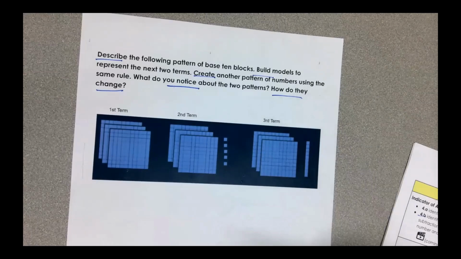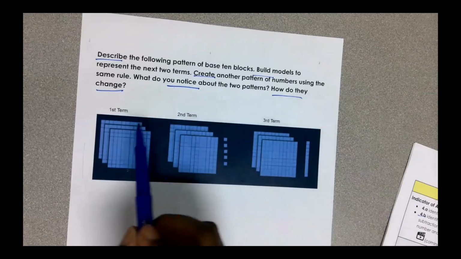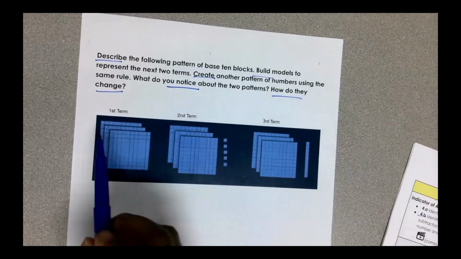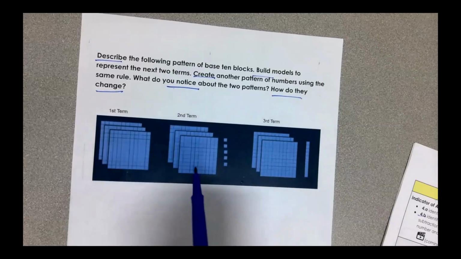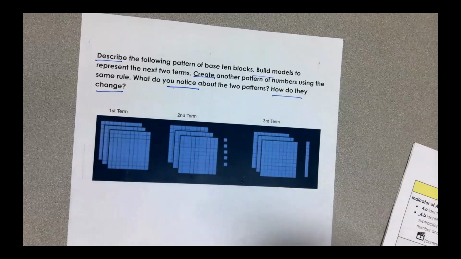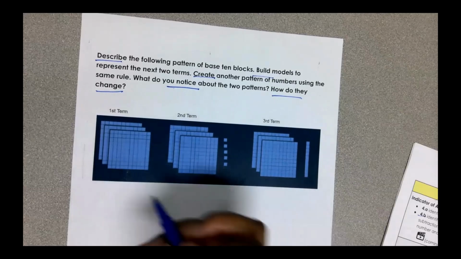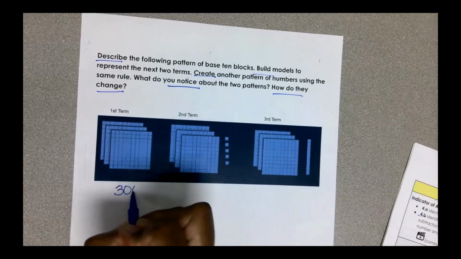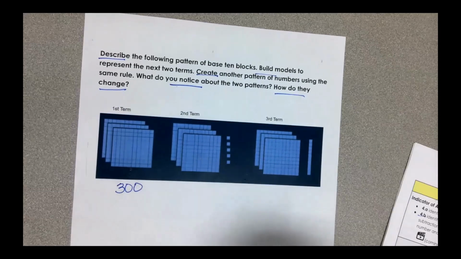So in the first part, or in the first term, I notice that I see 3 flats. I know that a flat can represent 100. So 3 flats will represent 300. So I'm just going to write 300 to my paper.